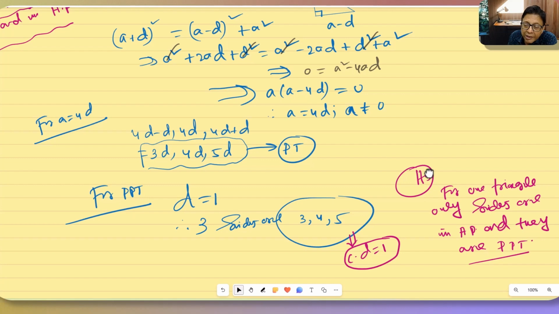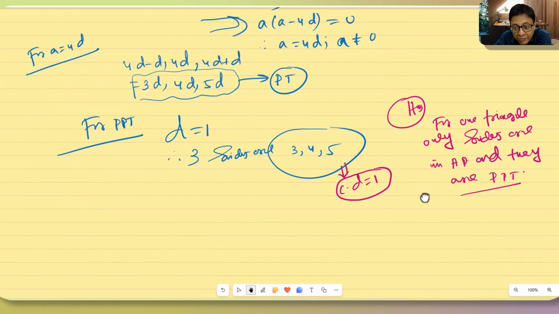In one case only there will be a triangle whose sides are consecutive integers. This is the one case. So no other case you will get primitive Pythagorean triplets that form the sides of a triangle and they are in AP.